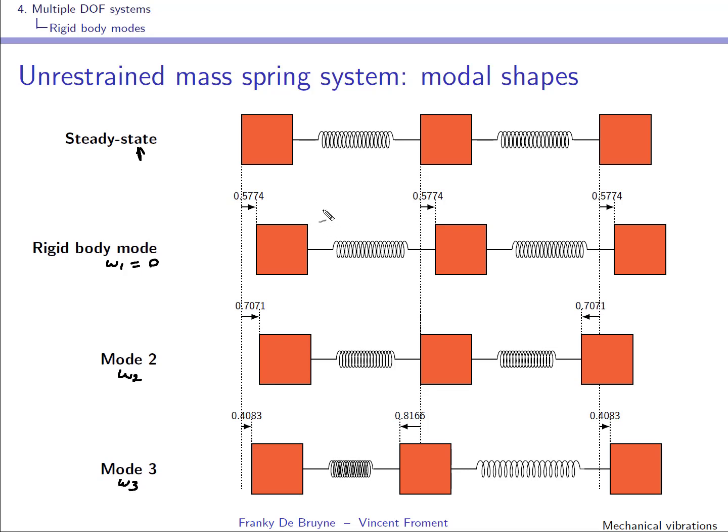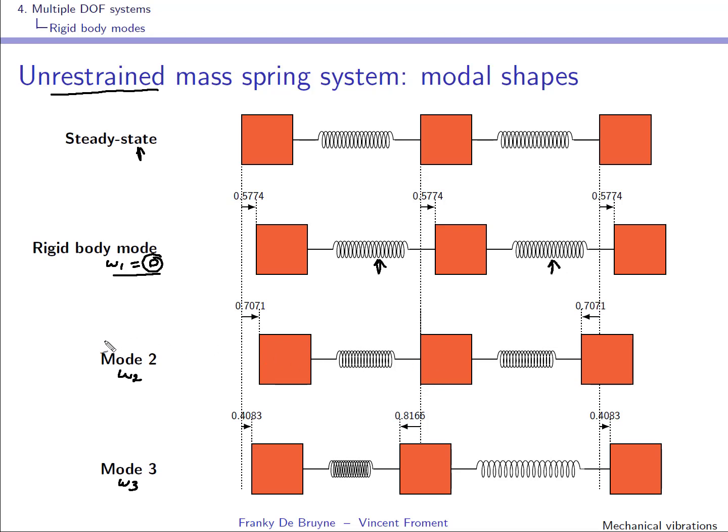And indeed, for this first natural frequency, because the system is unrestrained, we see that it's 0, and that it's a movement where the 3 masses are moving in phase. So you see that there is no strain on this spring or this spring.